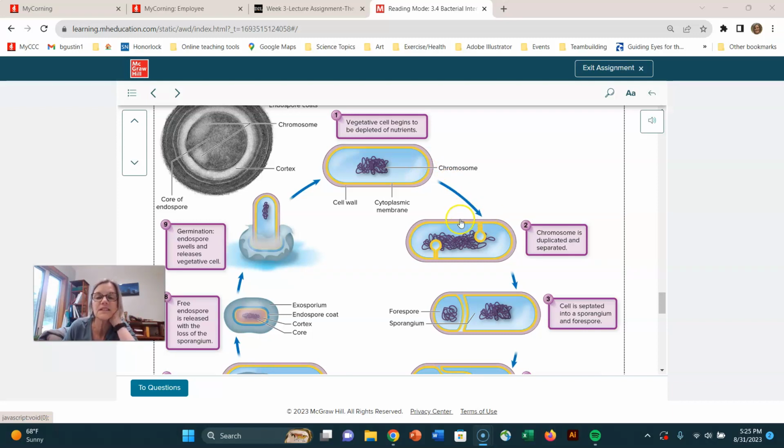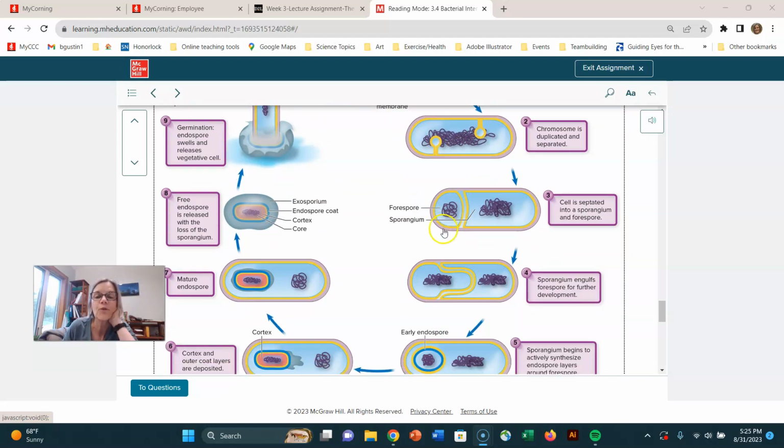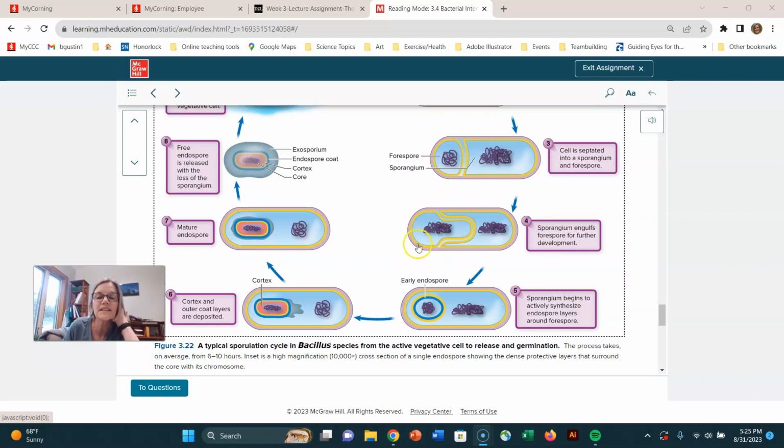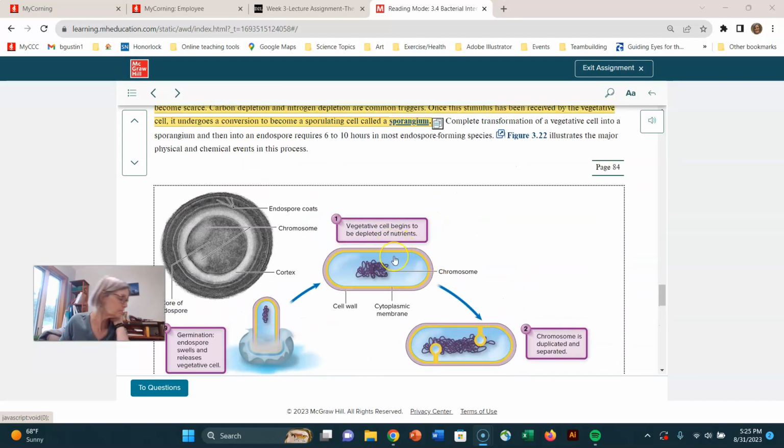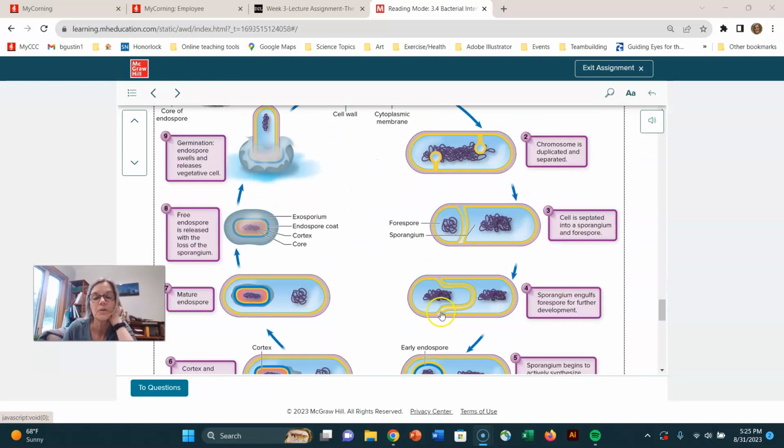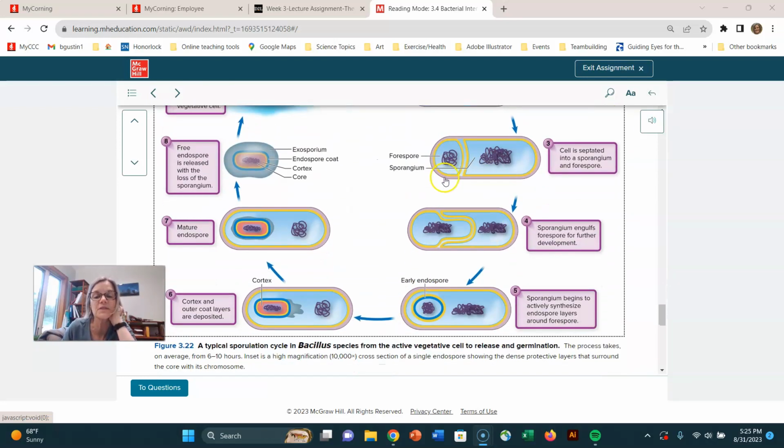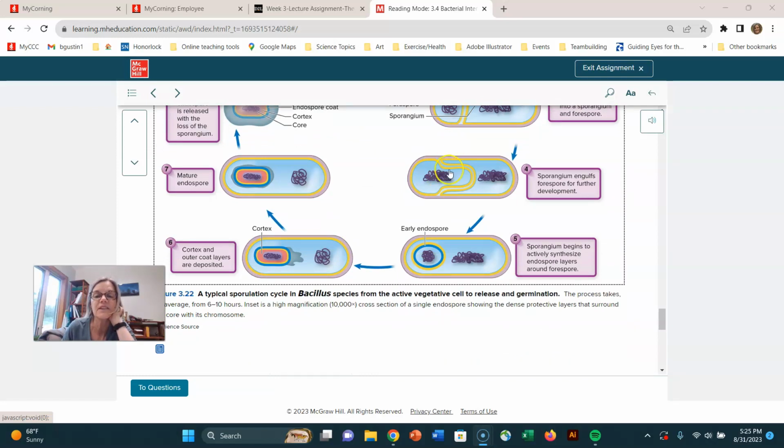And so what the cell does is it copies its DNA and it starts forming some layers around one part of the DNA. So this process right here, we're going to call sporulation, where the endospore is forming. So down here, we had the vegetative cell, but now it's got an endospore inside of it.